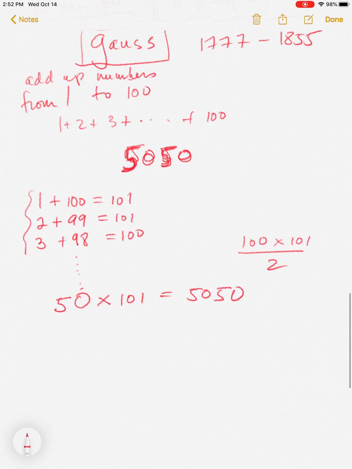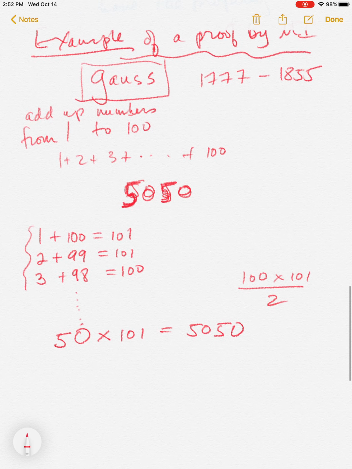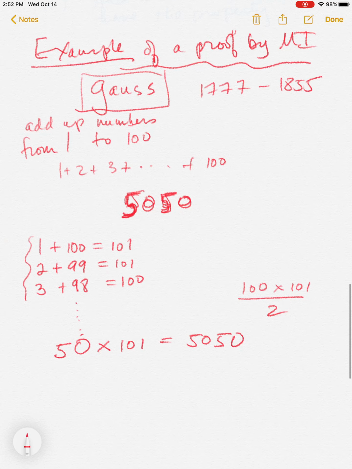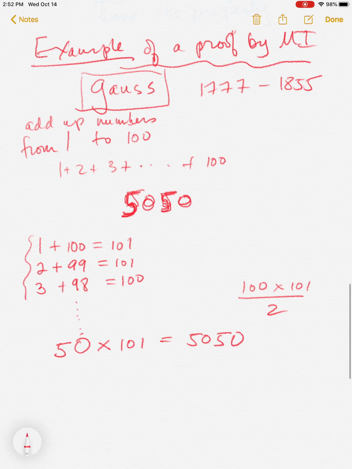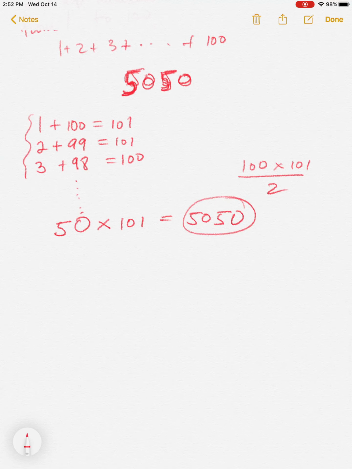So what was he implicitly relying on when he came up with the answer 5,050? And this is what we're going to show, is that the sum of the first n integers, right? 1 plus 2 plus 3 plus 4 plus 5 plus 6 plus n, right?